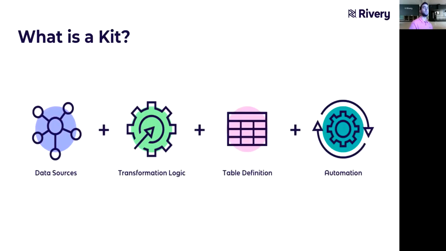So what is a kit, right? Rivery kits are fully built data models that include everything you need to get data to insights and value instantly. These are fully built data models that solve common use cases that we see from our customers, right? So everything from capturing data sources to true ingestion, from disparate streams, whether it be CRM, relational databases, marketing sources, ad serving, you name it, right?